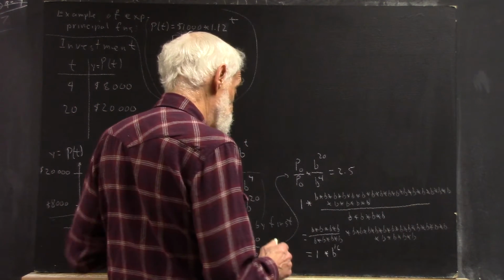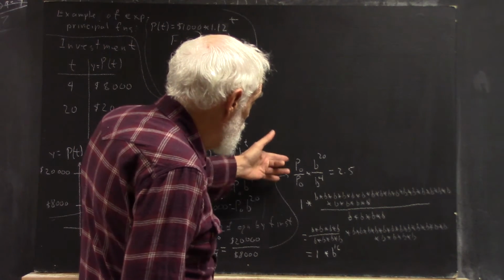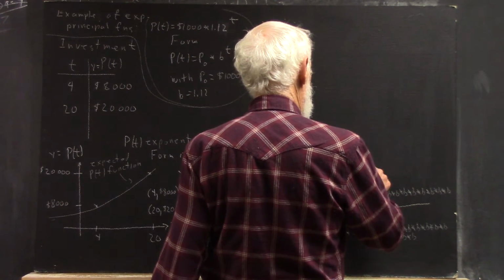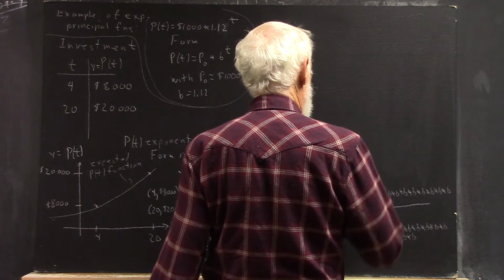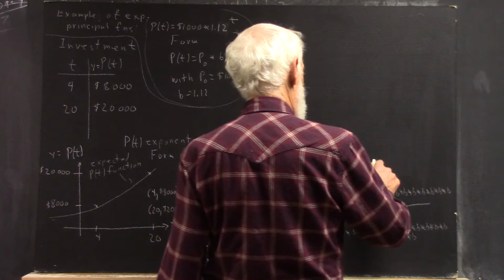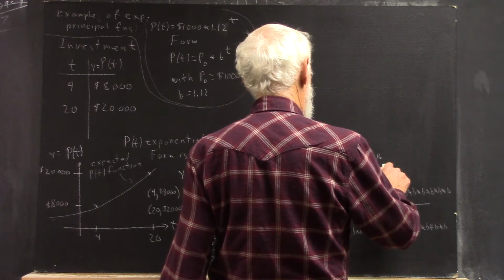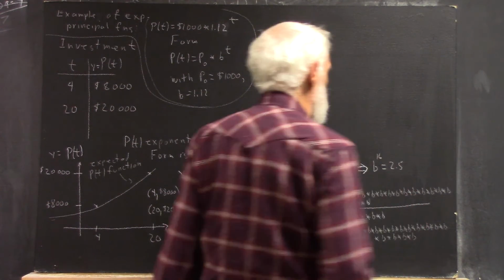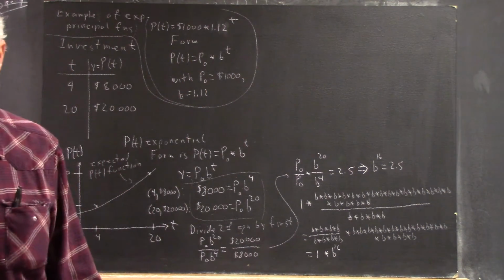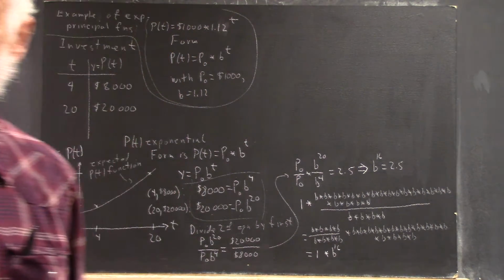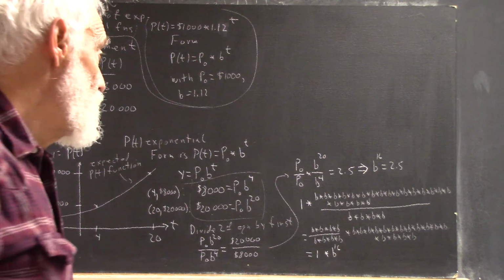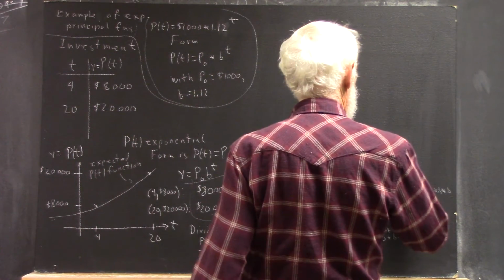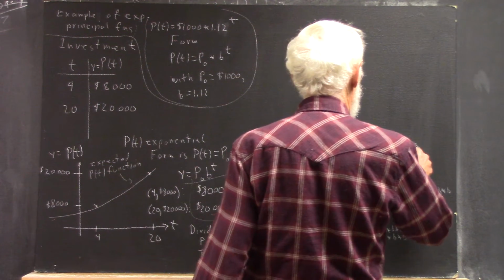So, from this, we get b to the 16th equals 2.5. Now I'm going to have to work up the page.